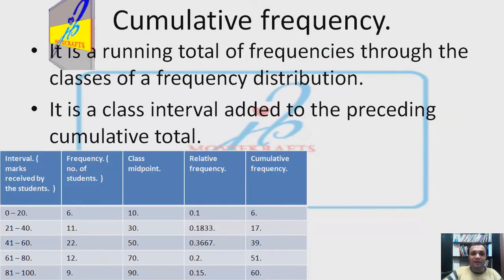Cumulative frequency. Cumulative frequency is the running total of frequencies through the classes of a frequency distribution. It is a class frequency added to the preceding cumulative total. In our first class, 0 to 20, the frequency is 6.